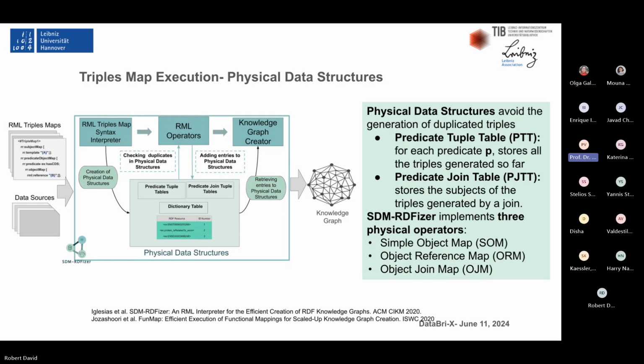And in order to manipulate what is stored in these structures, we have physical operators. The physical operators are the simple object map, the object reference map, and the object join map. So can you please go next?